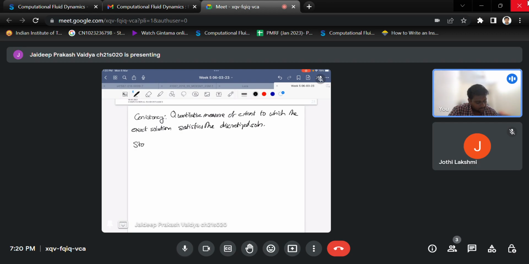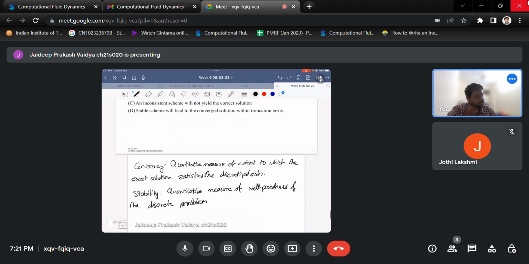Whereas stability is a quantitative measure of well-posedness of the discrete problem.